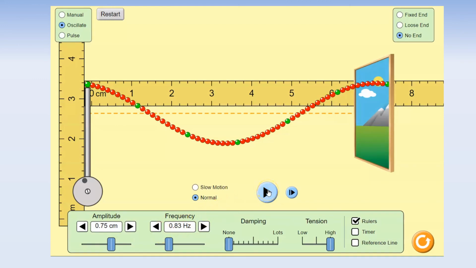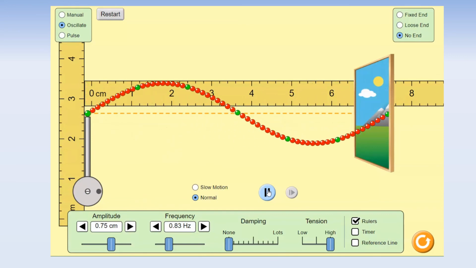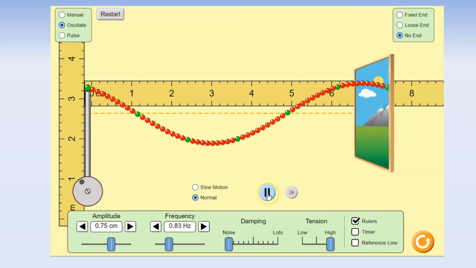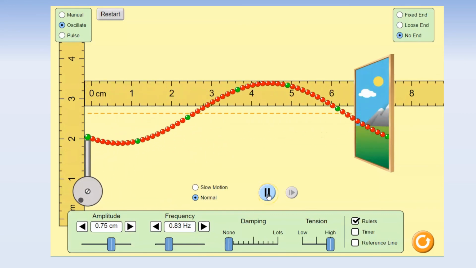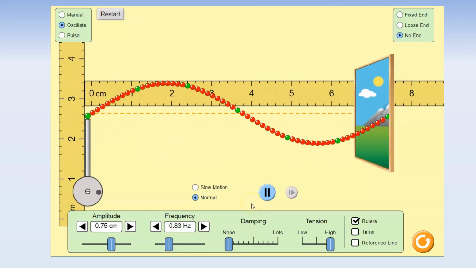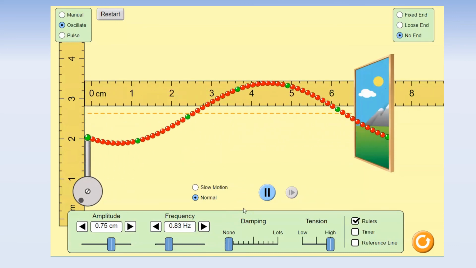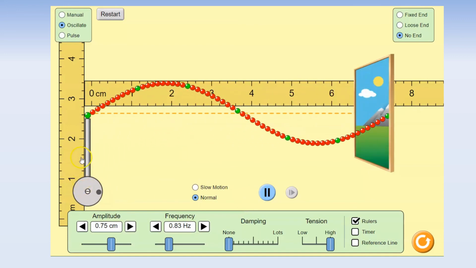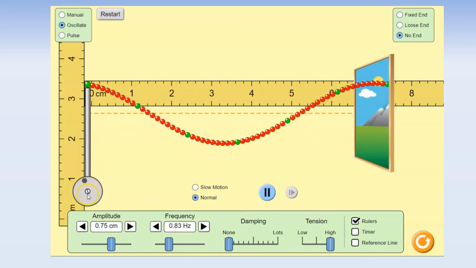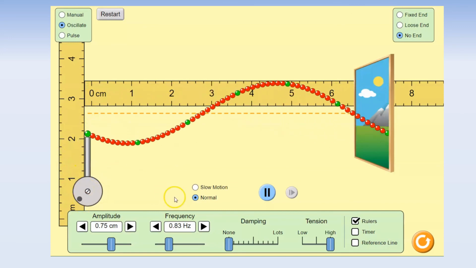All right, so in this simulation, we're going to take a look at the relationship between the wavelength of a wave and the frequency of the wave. You'll notice here in this initial setup, we have this wave on a string, which is being generated by this oscillator over here on the left.